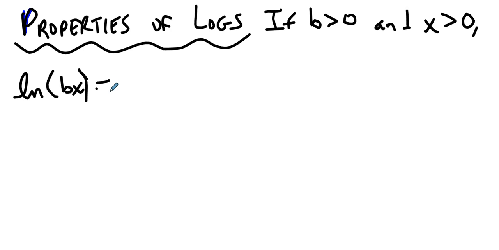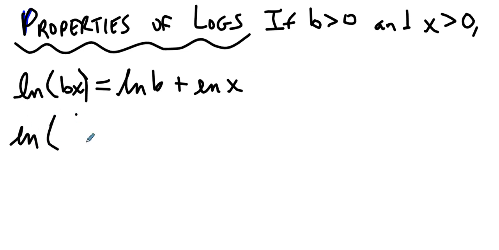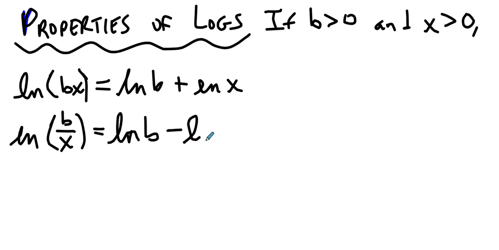The log of a product is the sum of the logs. The log of a quotient, that is terrible, I am going to try to erase this, I'm so sorry, it is the difference of the logs.